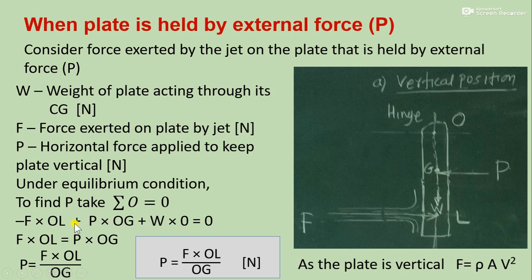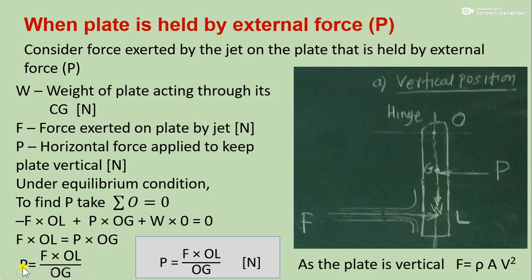Now the weight W has its line of action passing through point O, so the distance between this weight and the hinge is 0. Hence, simplifying the equation, we have F into OL is equal to P into OG.